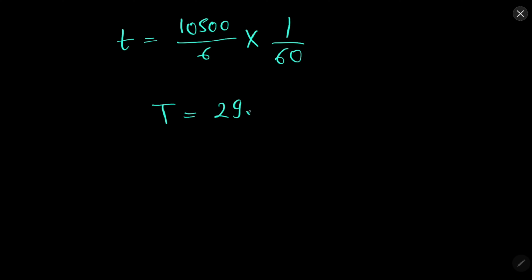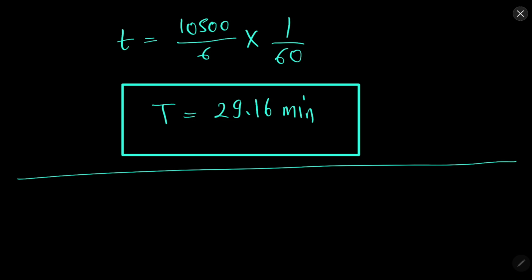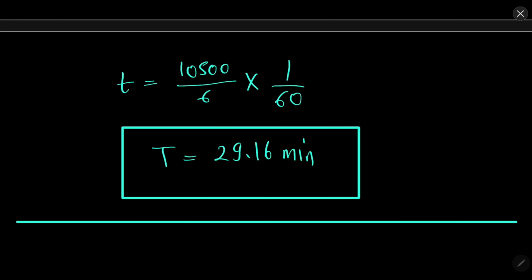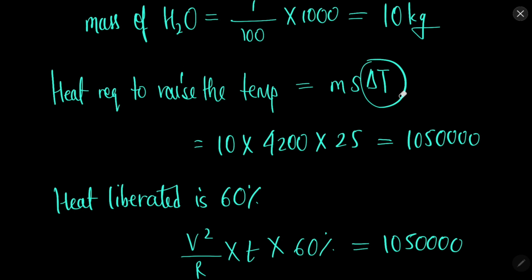So from here t will be 10500 over 6 into 1 over 60, or 29.16 minutes. Small t is representing time and capital T representing temperature.